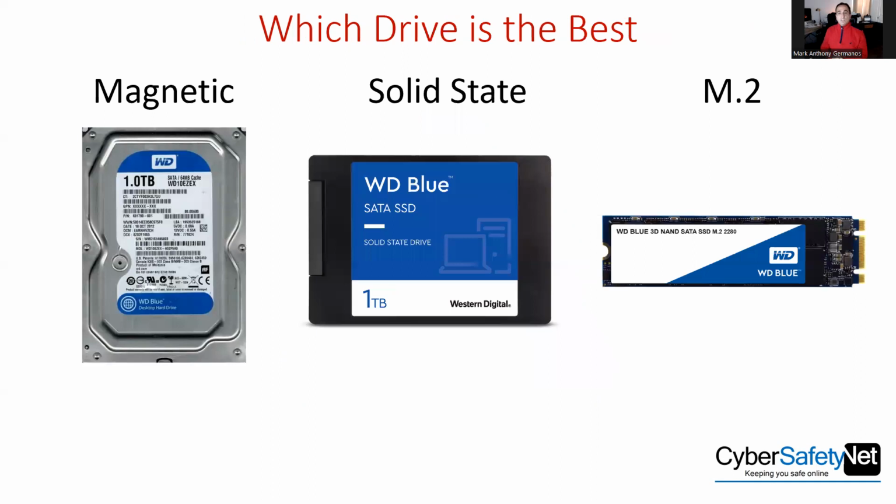There are three general drive types inside your computer that is holding your operating system, your applications, and your data. There's the magnetic drive, which has been around for decades. The general strategy with this is that you have at least one aluminum platter that's spinning and a head that is above it. It's hovering above it. Some drives have heads hovering above and below.